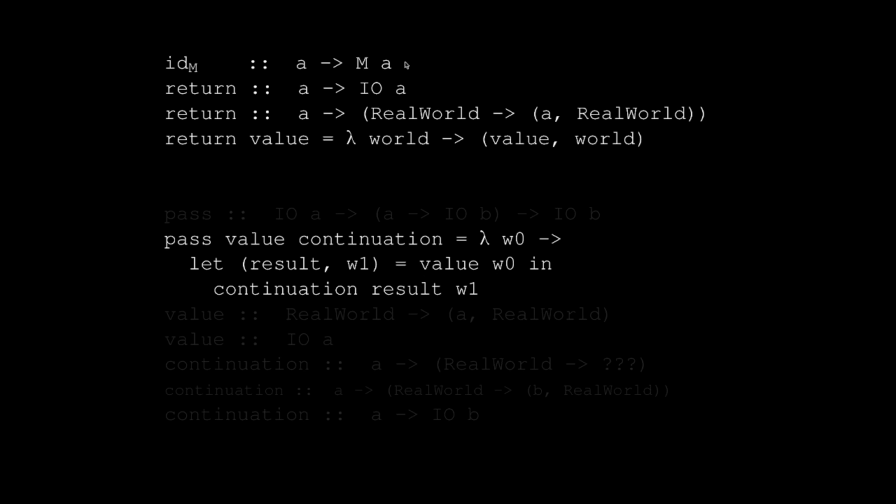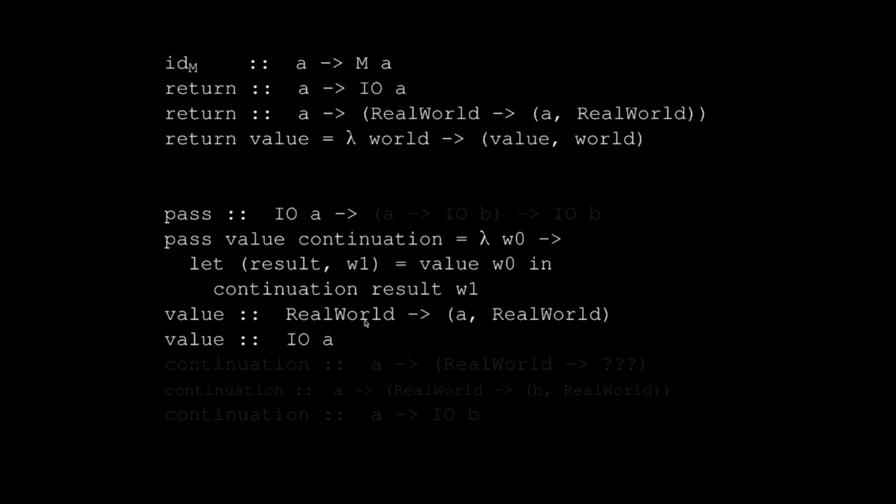The type of the pass function is a bit more tricky. We can see that the value argument receives some argument and returns a pair, so it must be a function. But the type of this function can also be abbreviated to I/O of A. The continuation argument is capable of receiving the value of type A, and it produces something that is capable of being applied to the value W1 of the type real world.